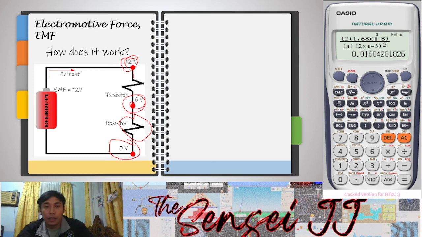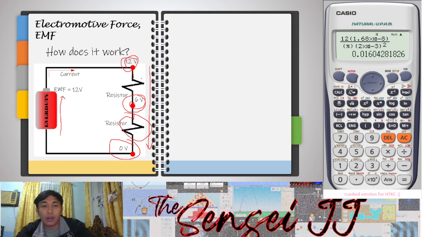So again, the EMF flows from a higher value to a lower value of the voltage side.